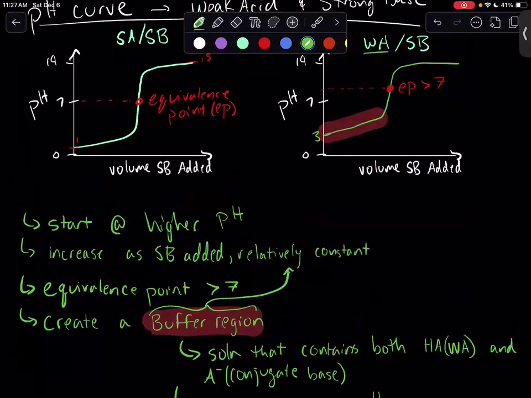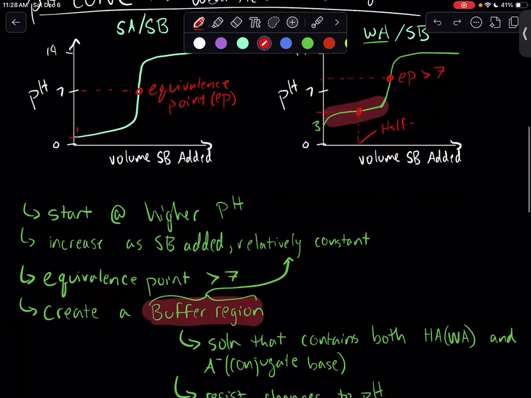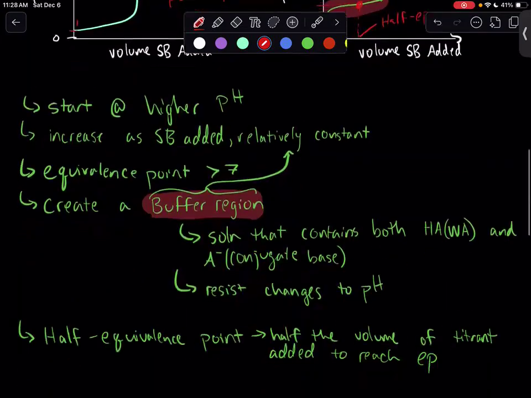I'm going to pause this and readjust my graph just a little bit. So for our half equivalence point, it'll be right in the middle of that buffer region. So this is our half EP.